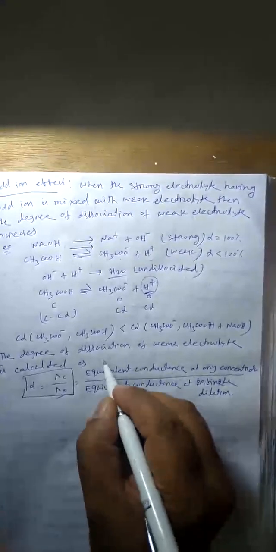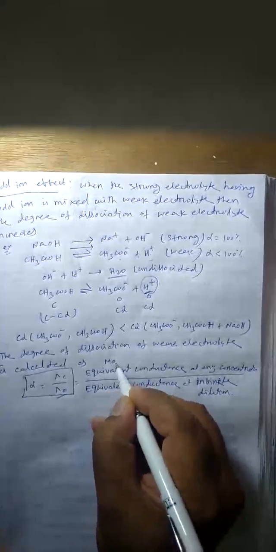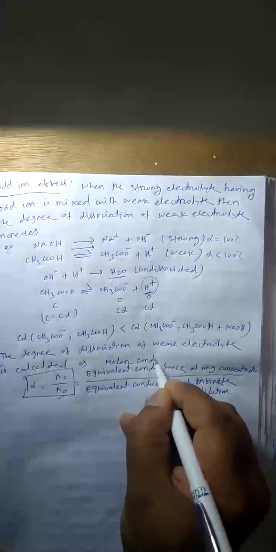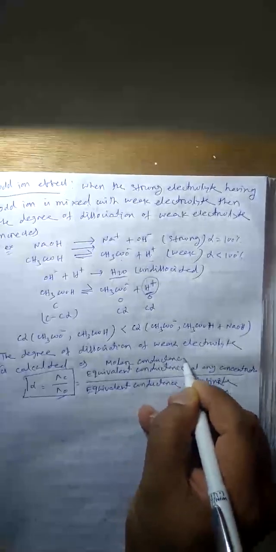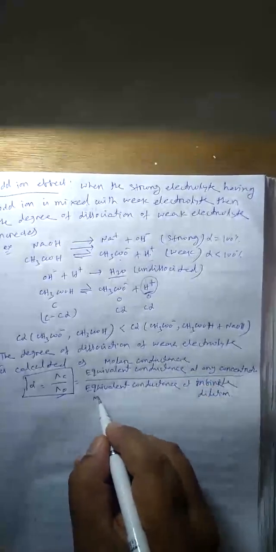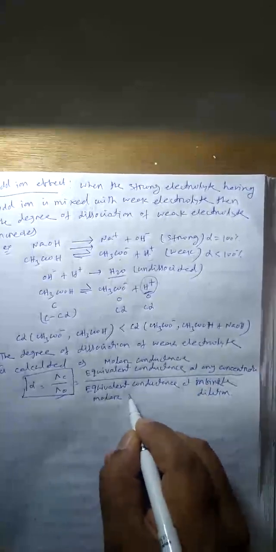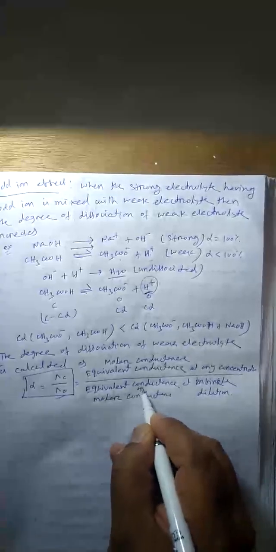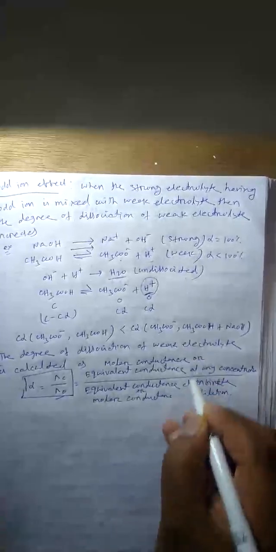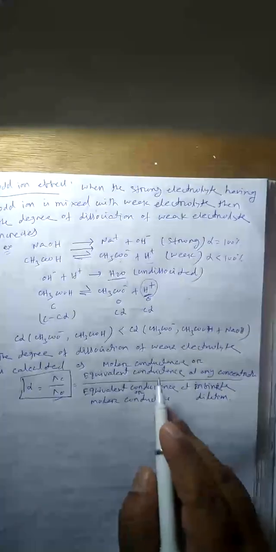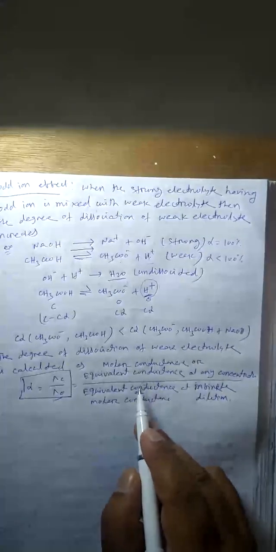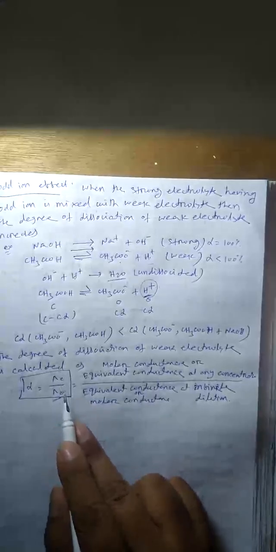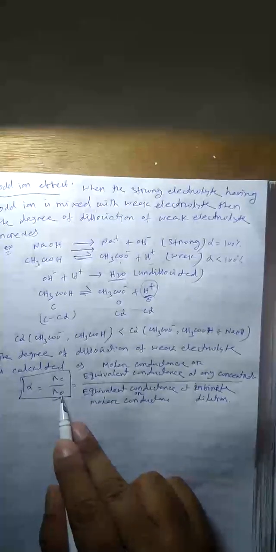Instead of equivalent conductance, you can also write molar conductance. If molar conductance is given, then no problem. If both are given, just divide the molar conductance at any concentration by the molar conductance at infinite dilution.